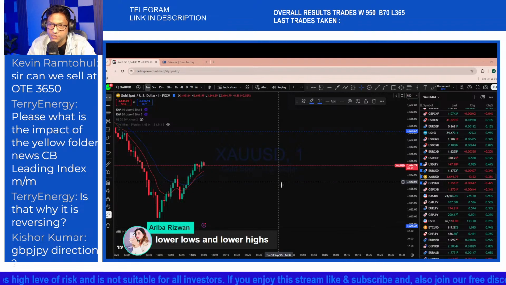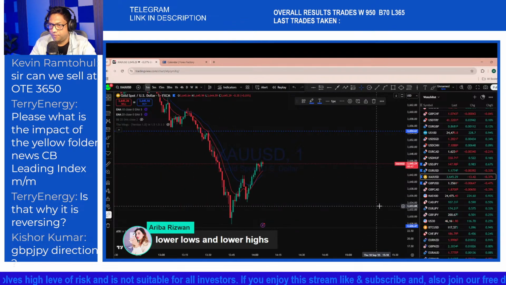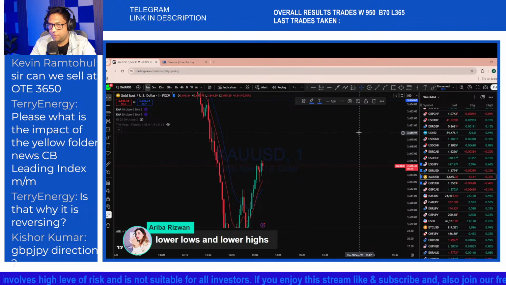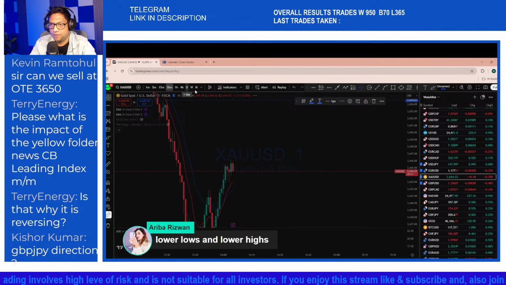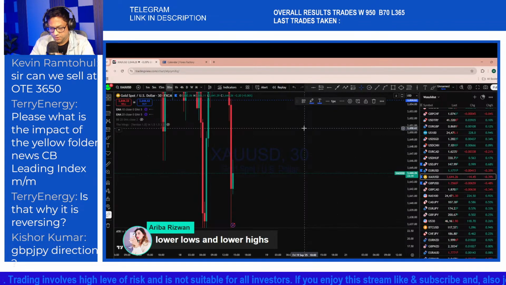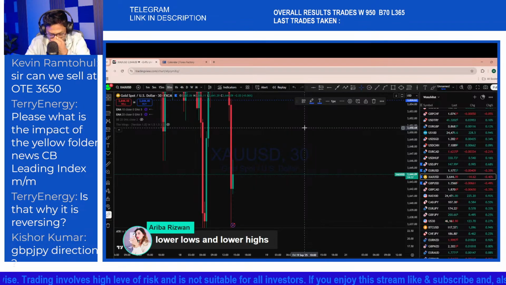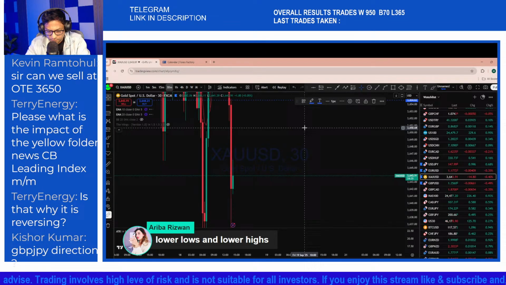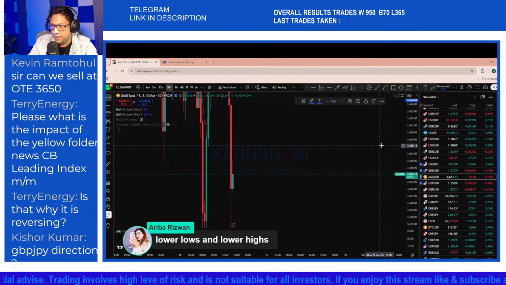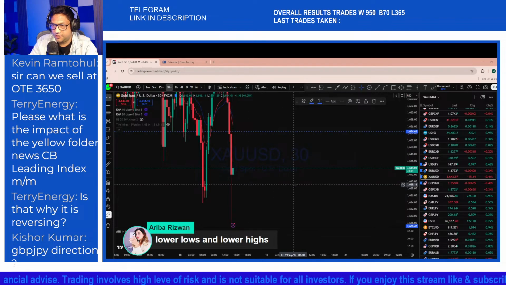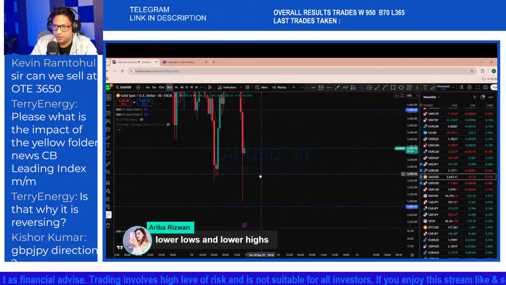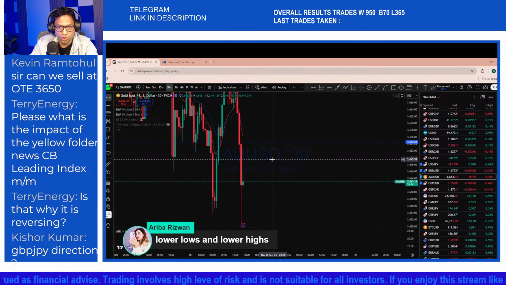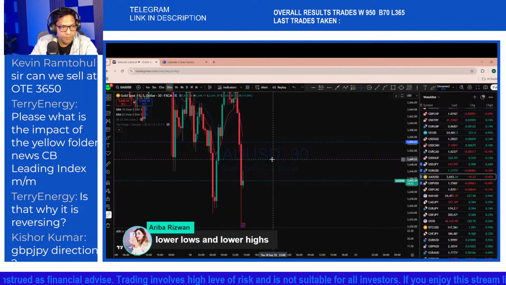So gold from this high, if you guys look at it, you can see this is a big long wick zone here in that area on gold.